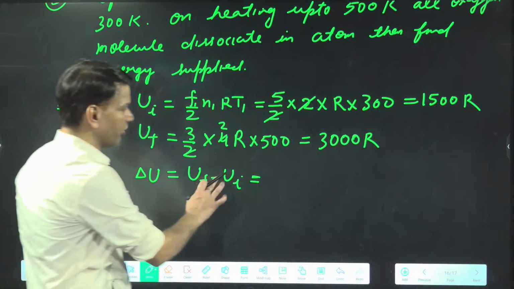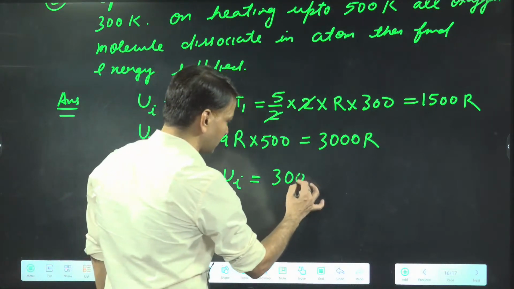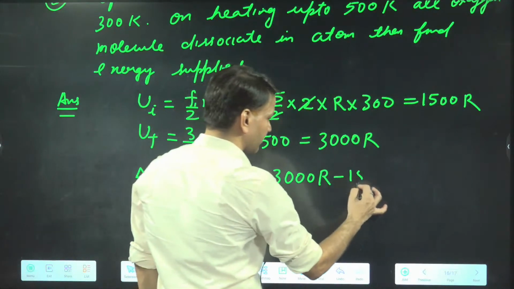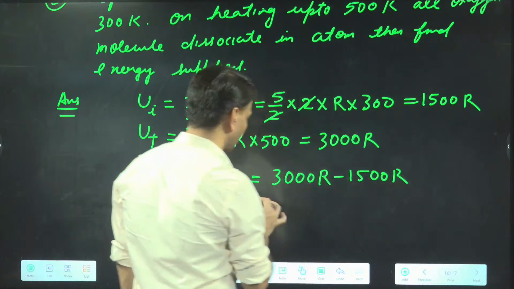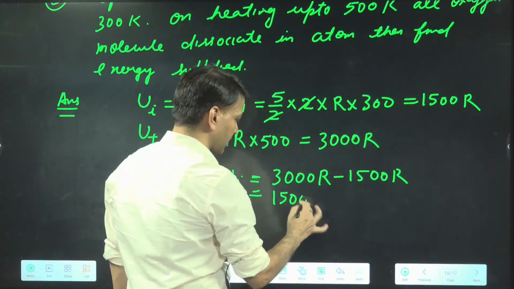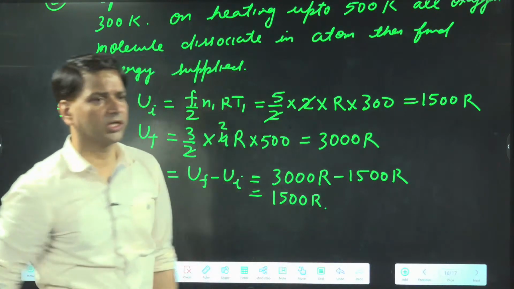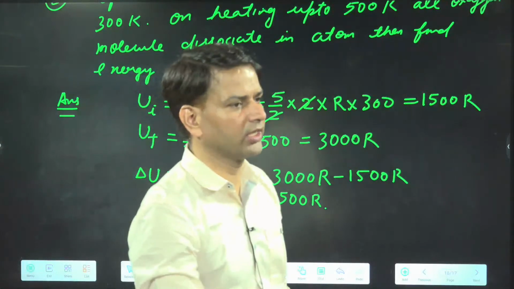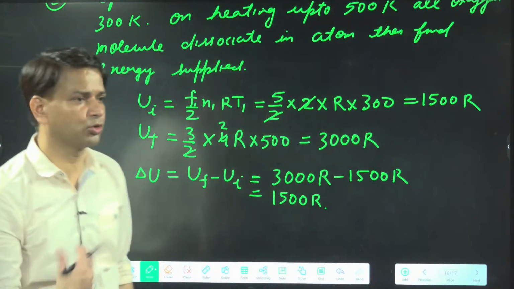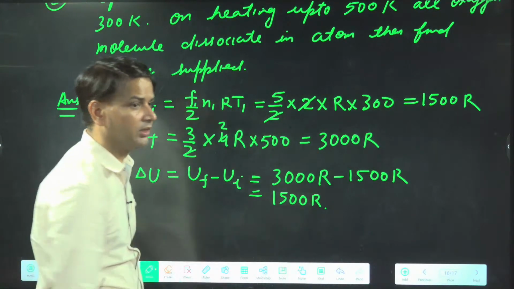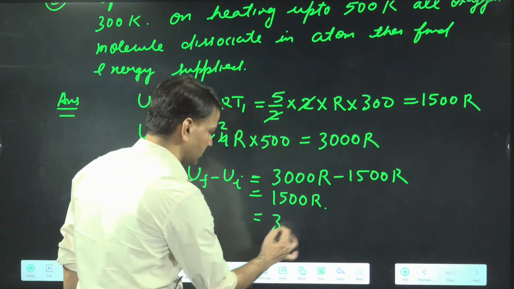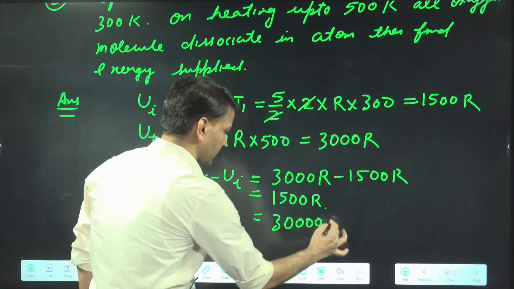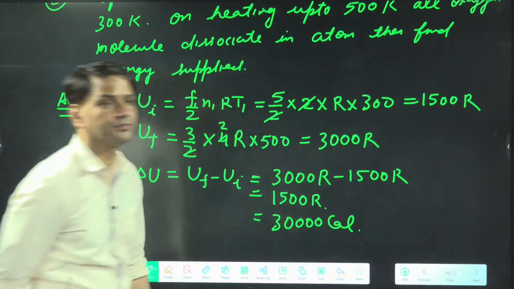How much? UF minus UI, that is 3000 R minus 1500 R. Then what you will get? 1500 R. Now for R you can put 8.314, then you will get the answer in joules. If you put 2, then you will get the answer in calories. So in calories, what you will get? 3000 calorie.